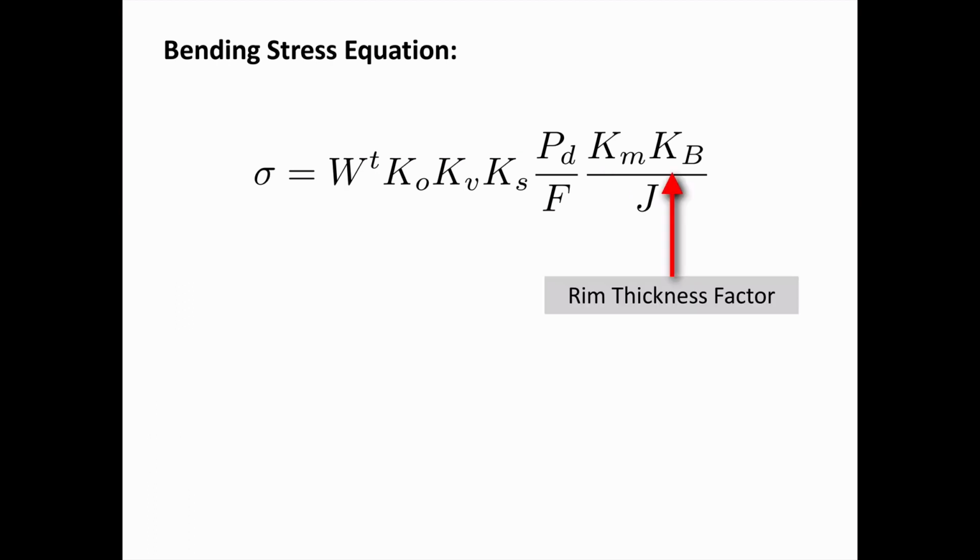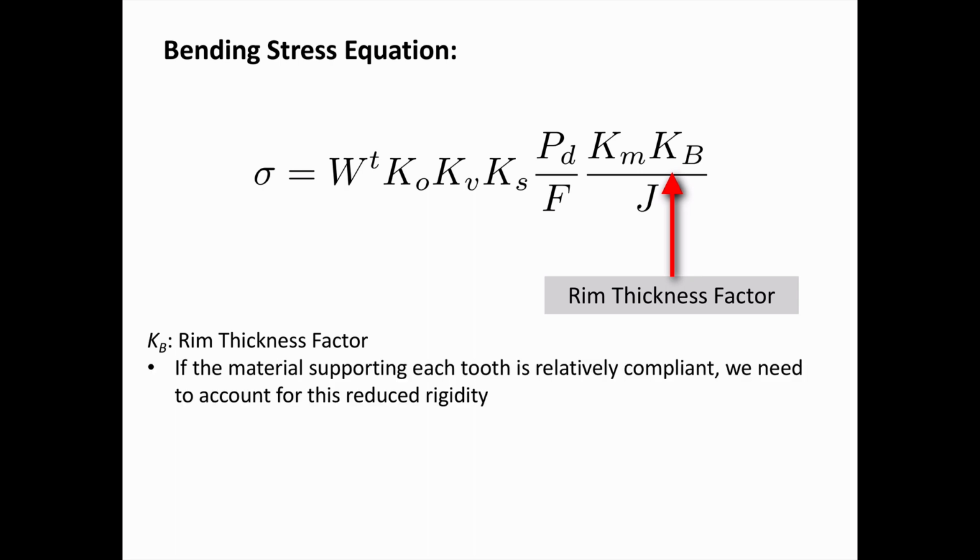The next factor is the rim thickness factor. If the material just below each tooth is compliant, it can bend, and this can affect fatigue. And we need to account for this reduced rigidity or increased compliance. So what exactly is the gear rim?